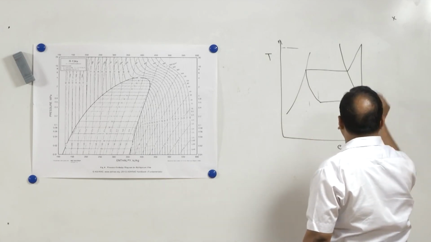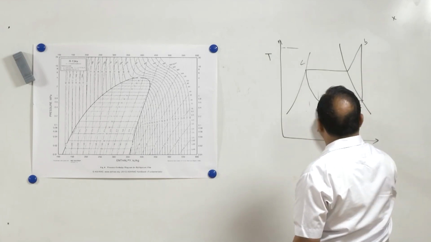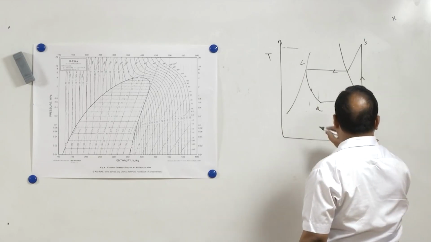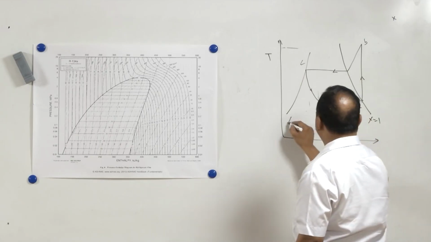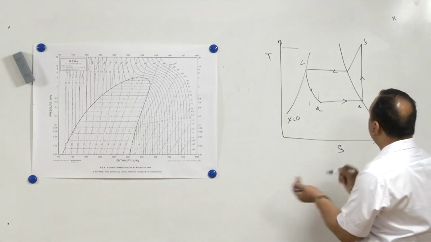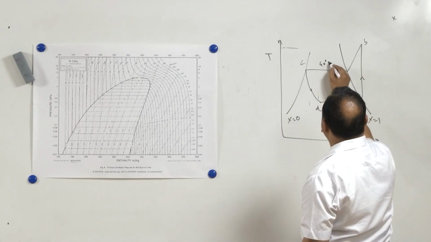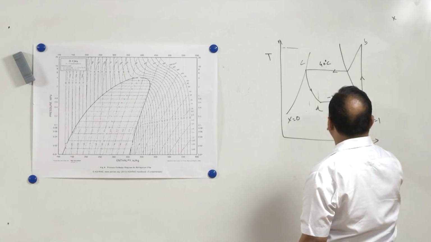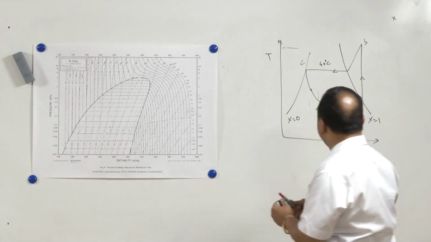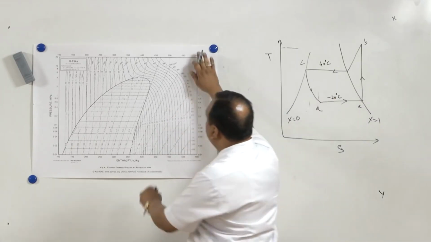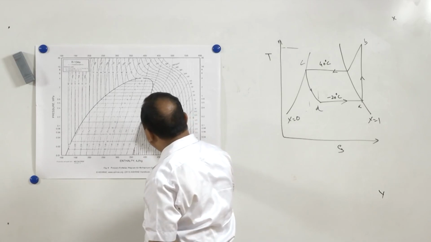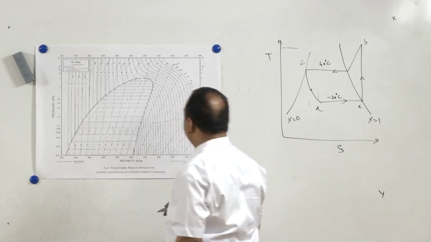So, A, B, C, D. X is equal to 1, X is equal to 0. State 1, and this is 40 degree centigrade and this is minus 20 degree centigrade. Now, here at state 1, minus 20 degree centigrade, saturated vapor, we can directly take enthalpy from here.